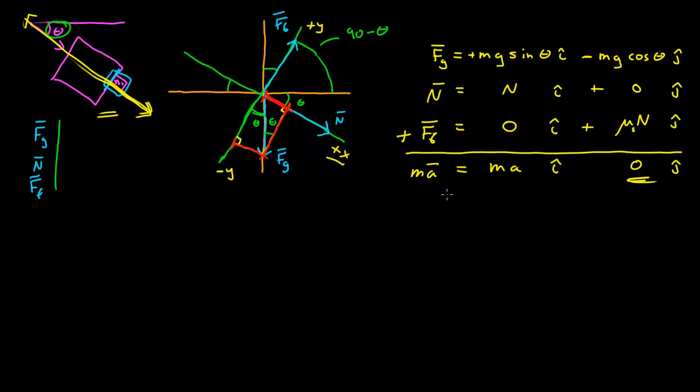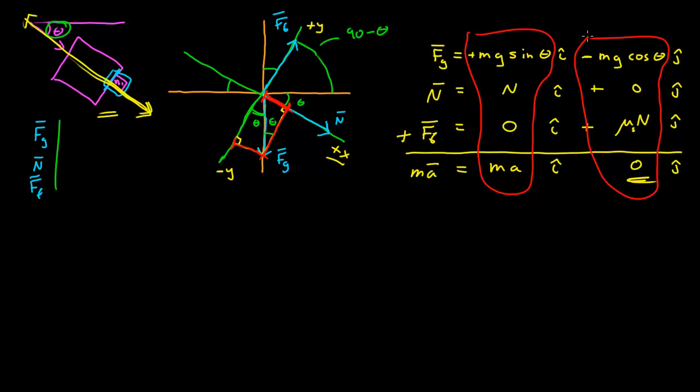All right, so now we have two relationships among all of our parameters from our vector equation. And so that gives us negative mg cos theta plus mu sub s n is equal to 0.